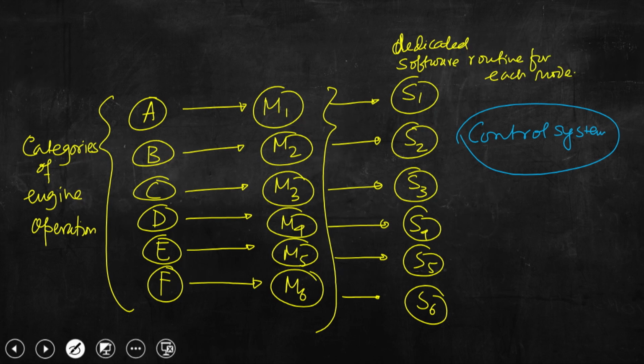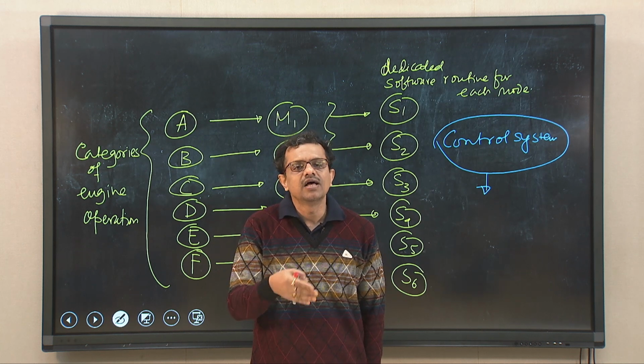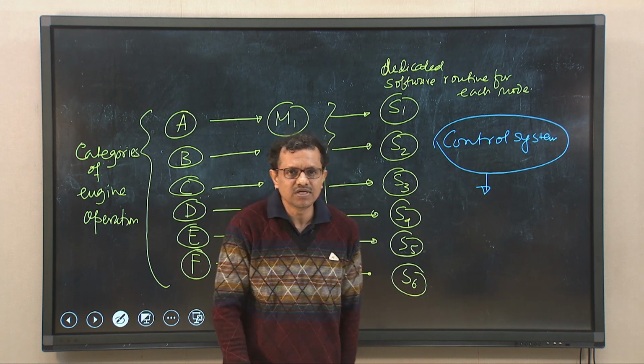If the engine has to switch from mode 1 to mode 3 or from mode 1 to mode 2, that is M1 to M2, because the engine operation has changed from category A to category B, the control system would be able to give some input to the injector to supply the adequate amount of fuel needed, and accordingly the mode of operation has to change.